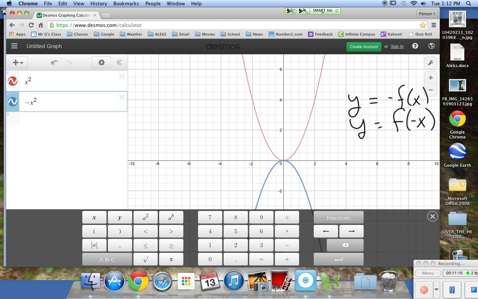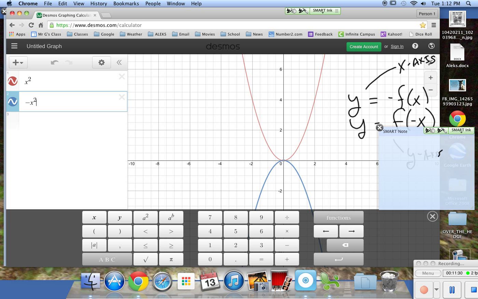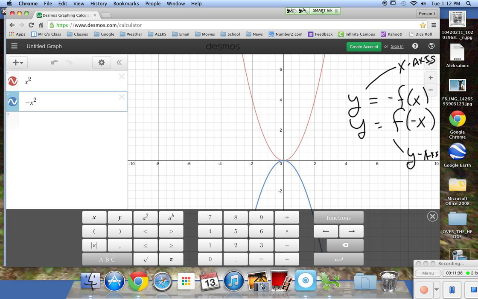If you look at the y, well here, this one here is based off of the x-axis right here. And this one is based off the y-axis. Okay. So you get an idea of what reflections are.